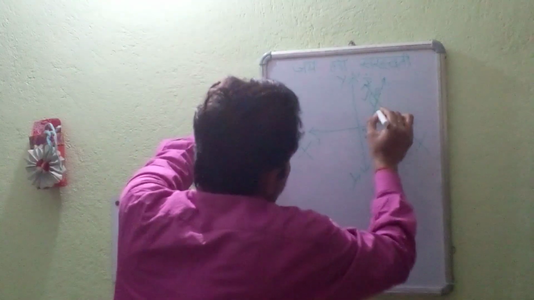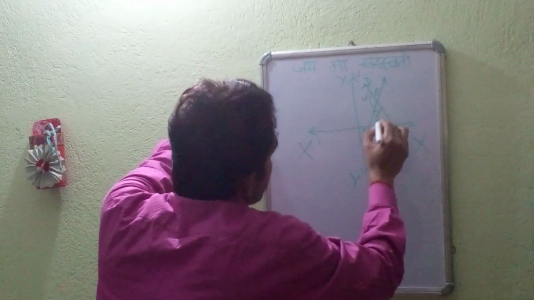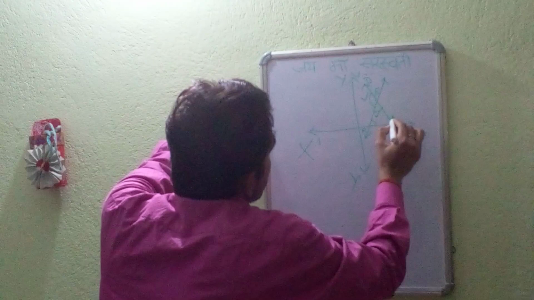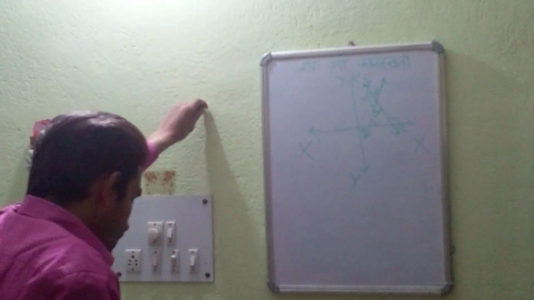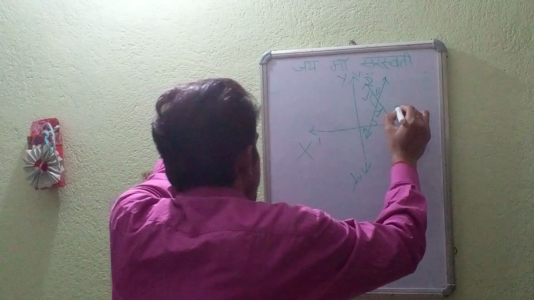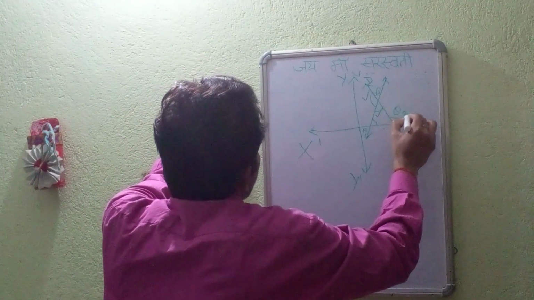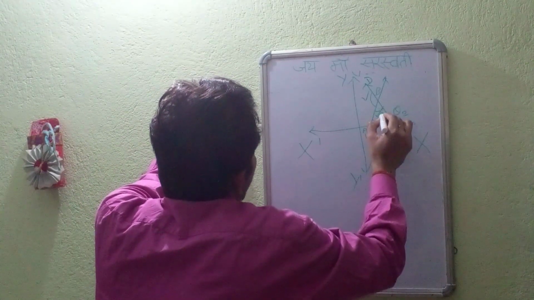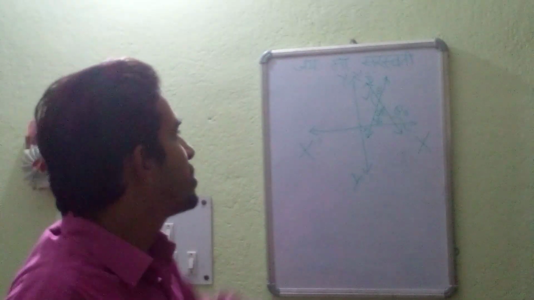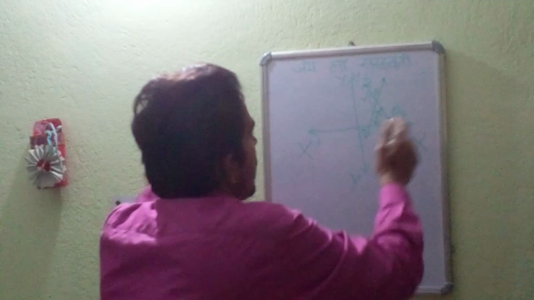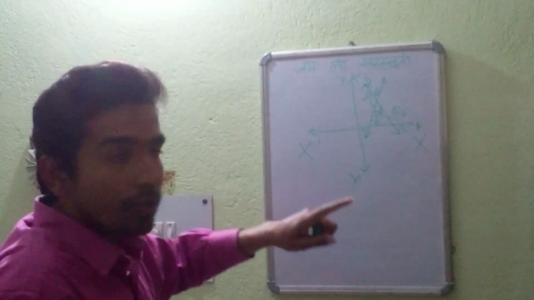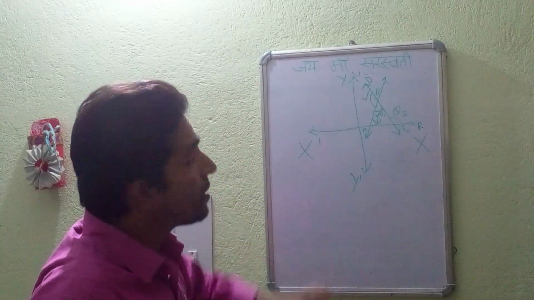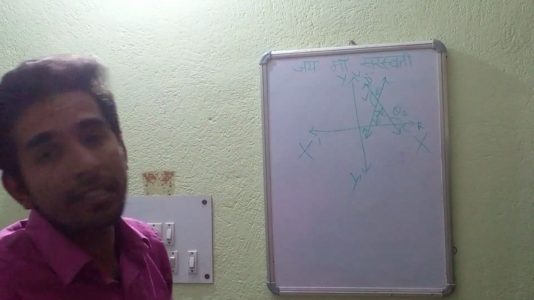Suppose this angle is termed as the exterior angle. We denote the exterior angle, angle BCR, as theta 2, angle ABC as theta 1, and angle BAC as theta.